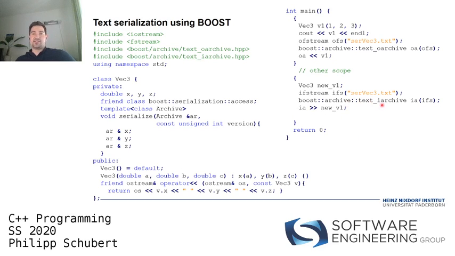And then you just read from the archive and use the input archive to restore the state of that vector variable. And if you then print it again to the command line, new v1 will print 1, 2, and 3, because that's the data that we stored serialized into that archive, and here we are now reading from that archive.